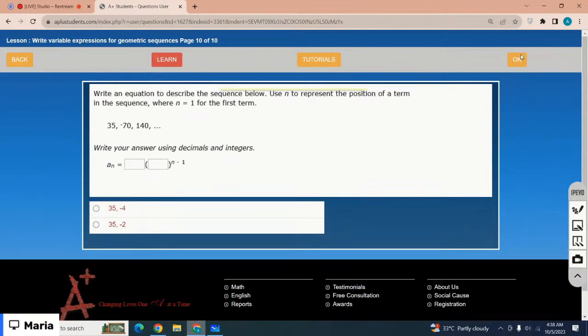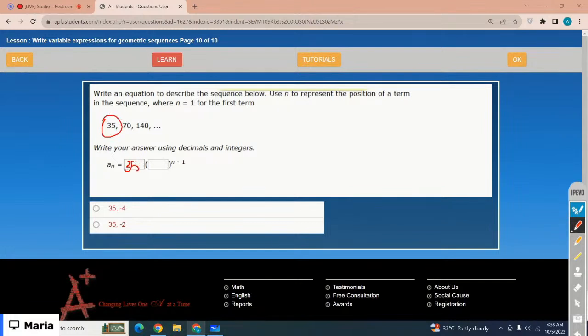Write an equation to describe the sequence below. Use n to represent the position of a term in the sequence where n equals 1 for the first term. The first term a_1 is 35.